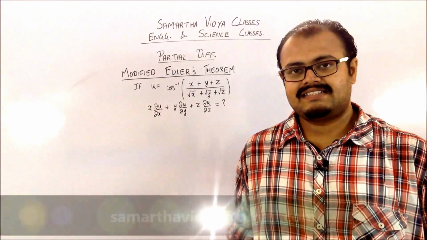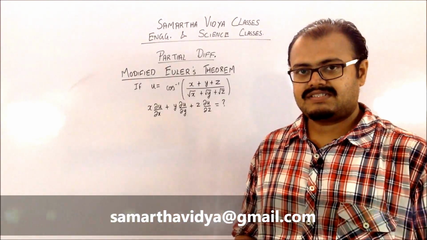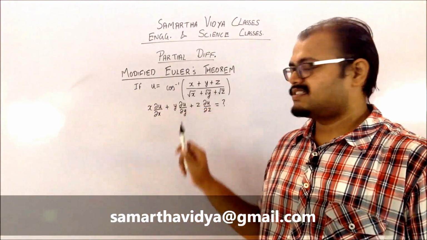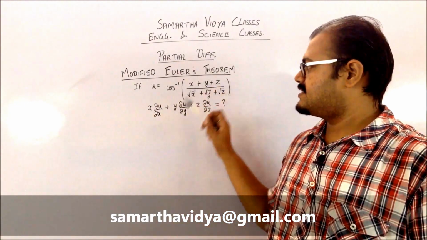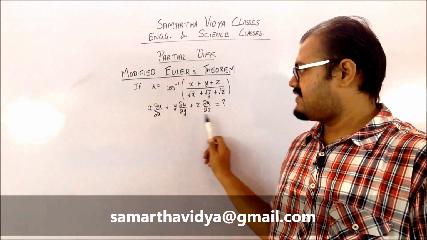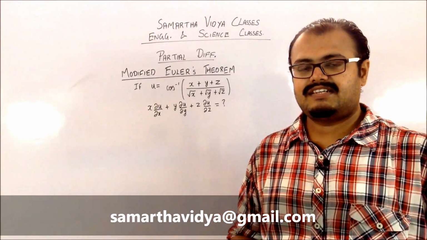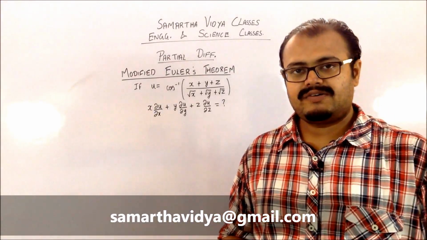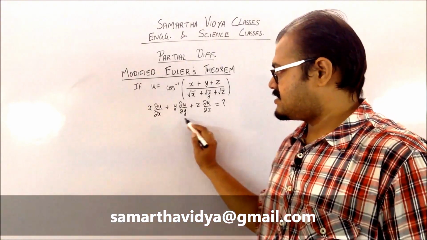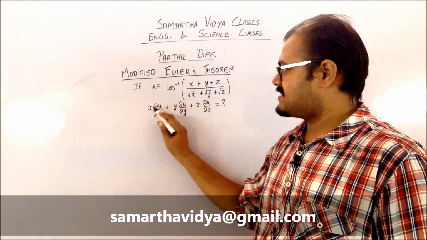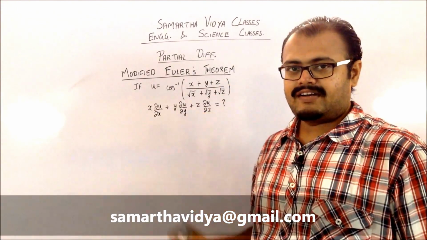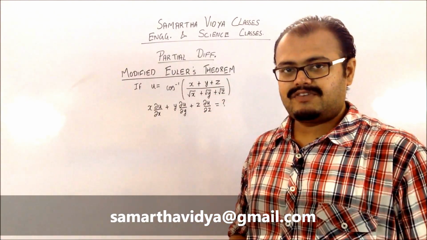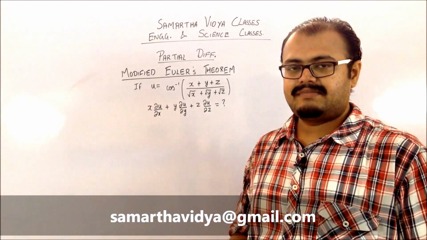So let us consider this particular problem which is given to us, in which u is a function of x, y, z. You can see it is cos inverse of this particular thing, and I have to find the value of this particular differential equation. From this set of equations you can see that it comes under Euler's theorem, but you don't yet know which type of Euler's theorem will be applicable.